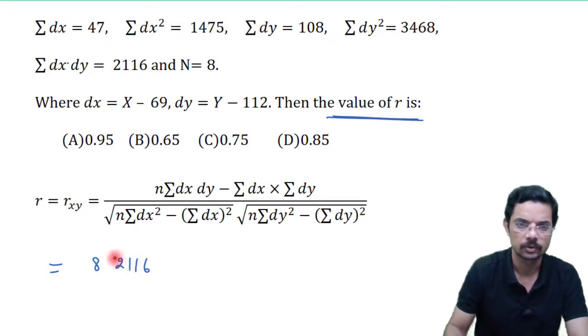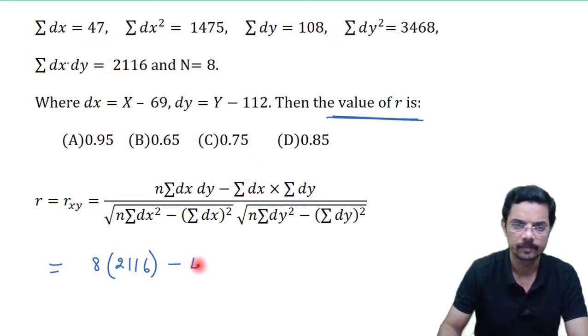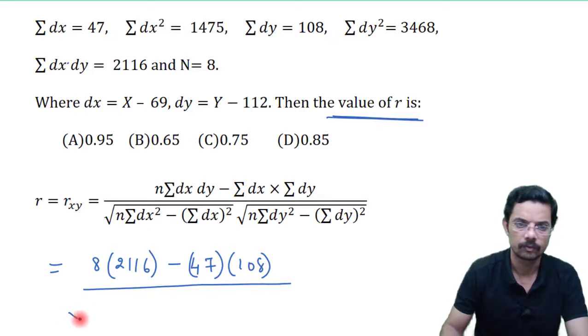This is into minus sigma dx, which is 47, into sigma dy, which is 108, whole divided by square root of n into sigma dx square.